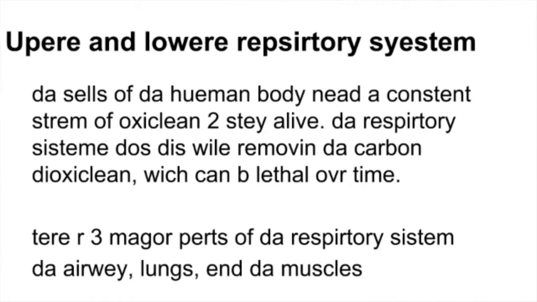Upper and lower respiratory system. The cells of the human body need a constant stream of OxyClean to stay alive. The respiratory system does this while removing the carbon dioxide, which can be lethal over time. There are 3 major parts of the respiratory system. Let's get to the real presentation.